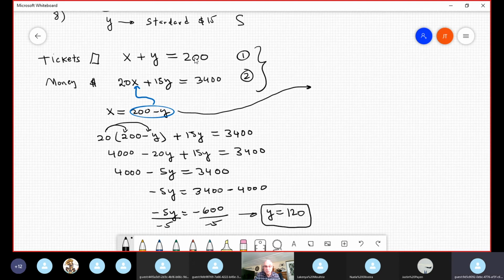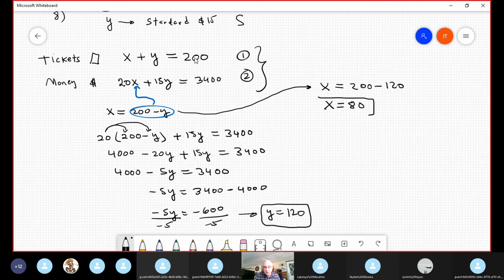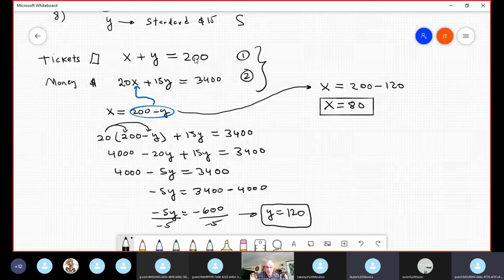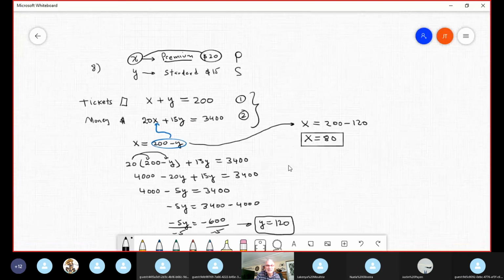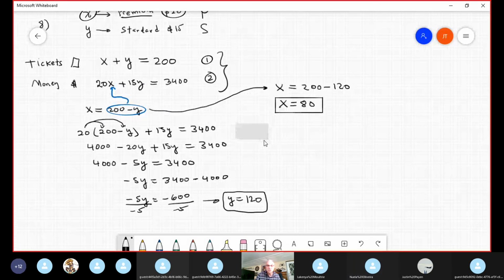Exactly, X is equal to 200 minus 120, which is 80. But does this 80 represent money or tickets? Tickets. Remember the definition at the beginning: X and Y represent tickets, premium tickets and standard tickets. And that's it? No, I would like to check it. Okay, my solution is good, doing the balance of the money.